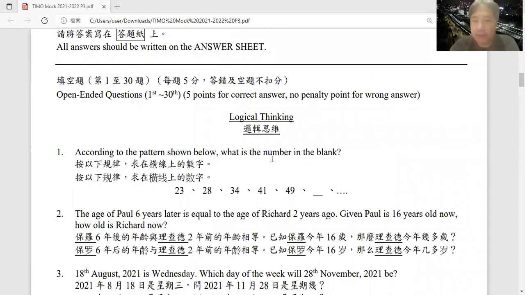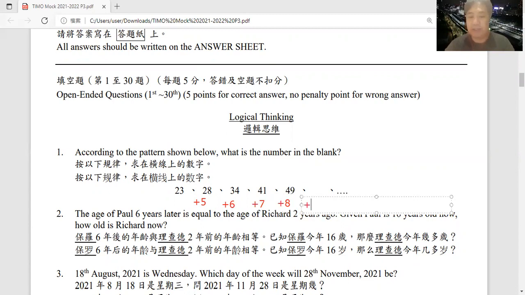According to the pattern below, what's the number in the graph? For this type of question, you have to calculate the difference between each number. So this is +5, this is +6, and this +7, and this +8.